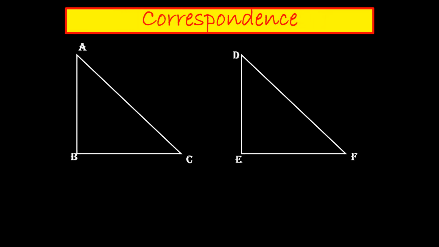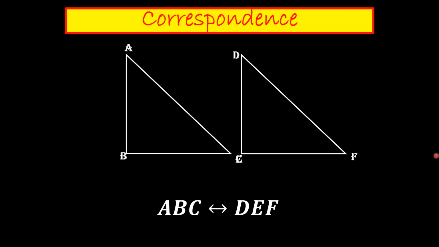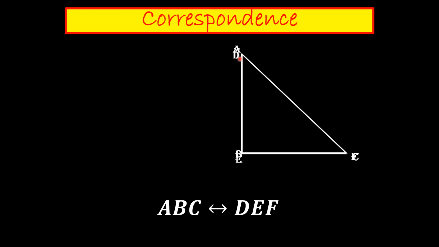Now see, if we are given two triangles ABC and DEF, and correspondence is marked as ABC to DEF, then this means A corresponds with D, B with E, C with F. Similarly, sides AB, DE; BC, EF; AC, DF.